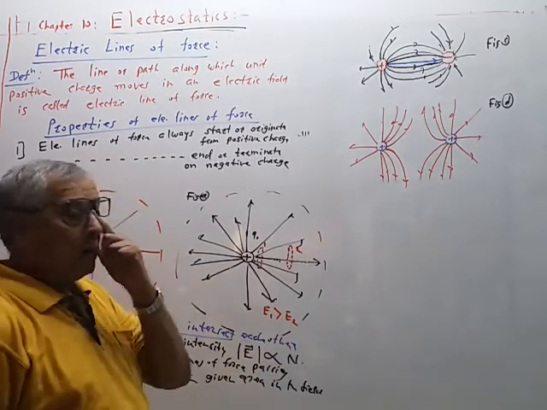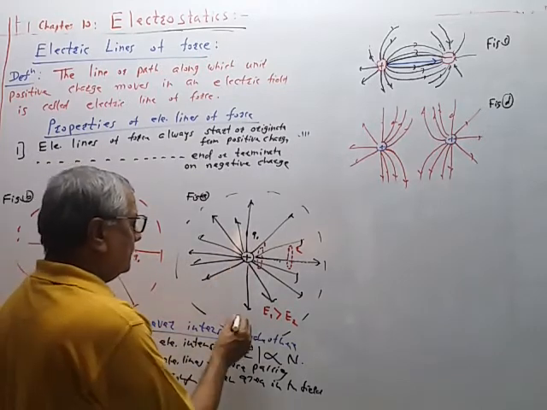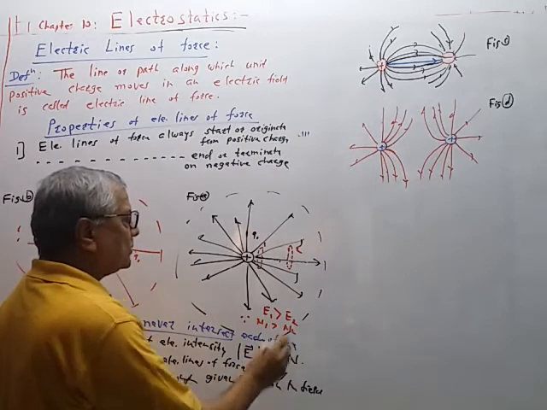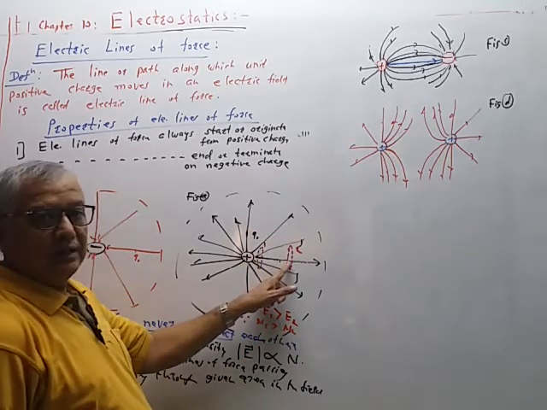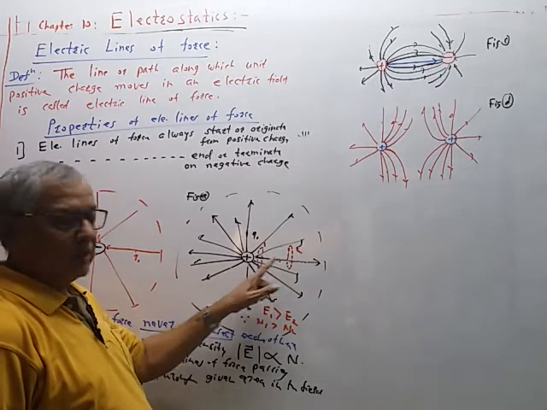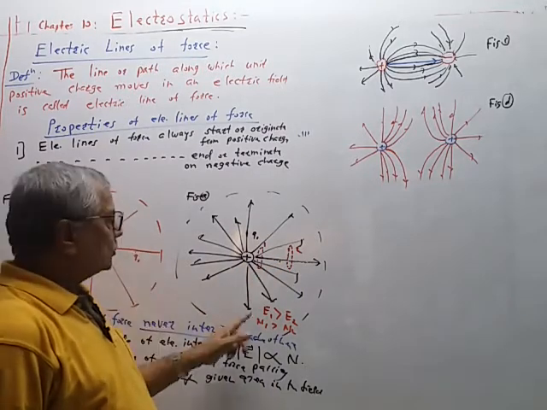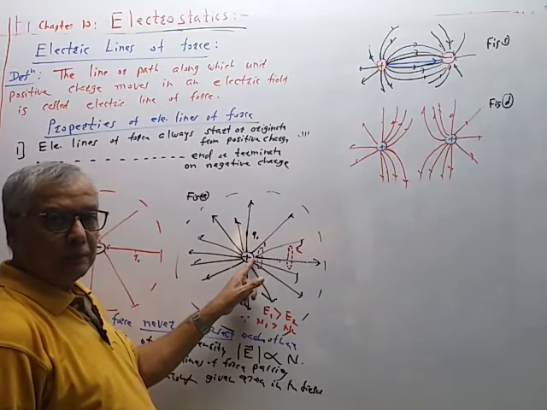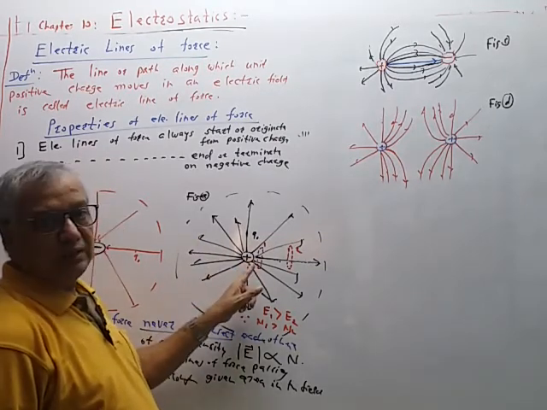Why? Because in this case more electric lines of forces are passing. 4 is greater than 1, N1 is greater than N2. So the larger the number of electric lines of forces passing, the more is the electric intensity.